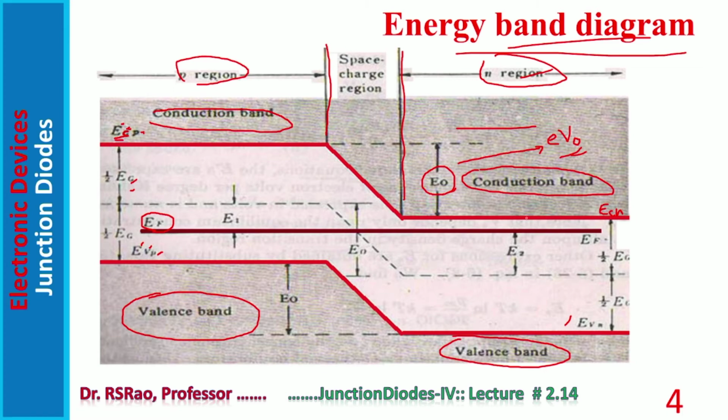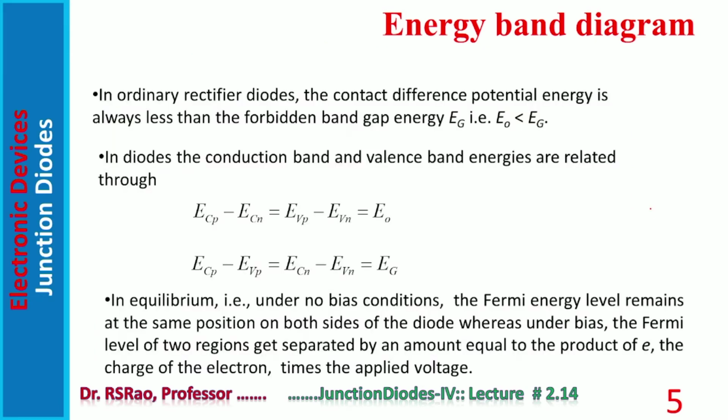The band gap takes transition from P region to N region, from high to low, during the space charge region. So these are some of the points one has to keep in mind. Some more points we'll discuss further in this session in the next slides regarding energy band diagrams.